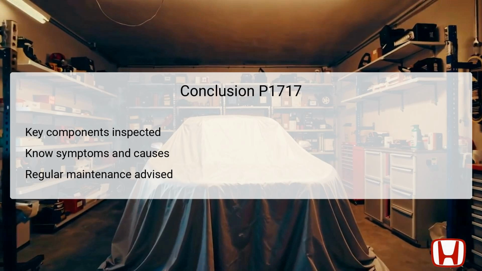The troubleshooting steps outlined provide a thorough approach to accurately assess and rectify the underlying cause of this DTC. Furthermore, implementing preventive maintenance measures can reduce the likelihood of future issues, safeguarding the vehicle's performance and reliability.